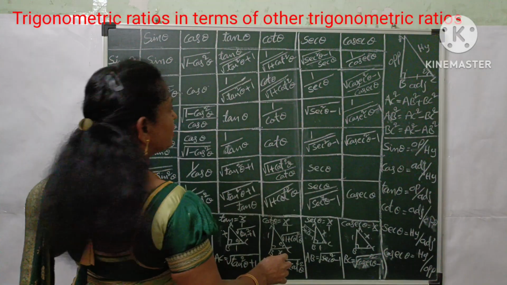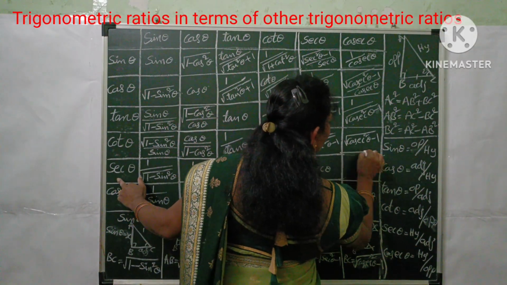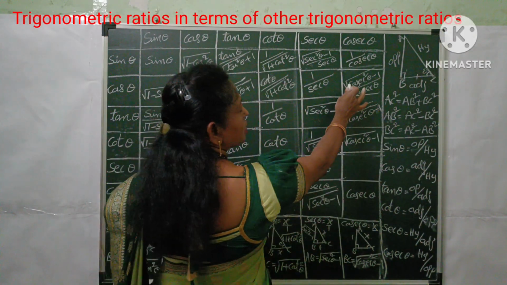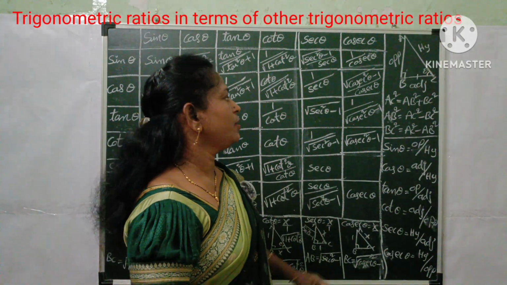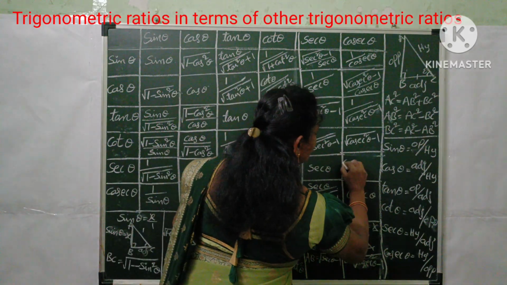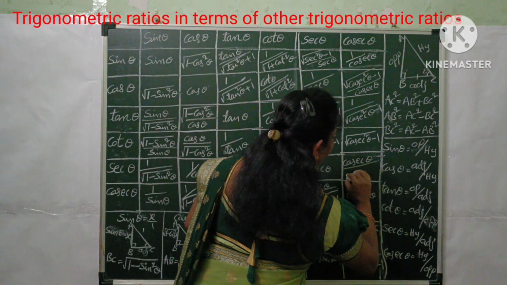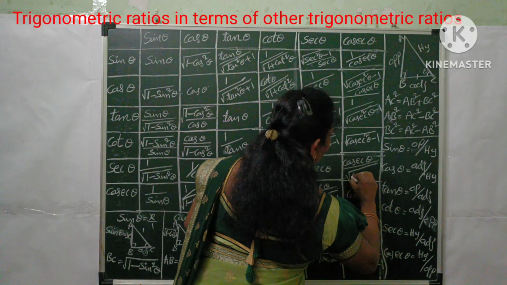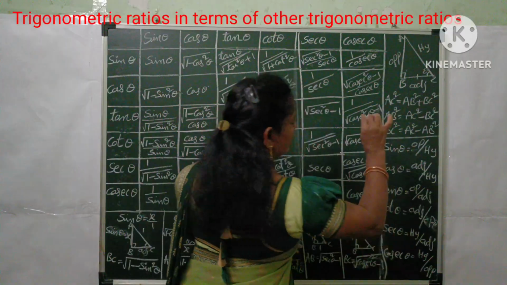Next, secant means it is the reciprocal of cos. What is the cos? Square root of cosecant square theta minus 1 by cosecant theta. So we have to take the reciprocal, means cosecant theta by square root of cosecant square theta minus 1.